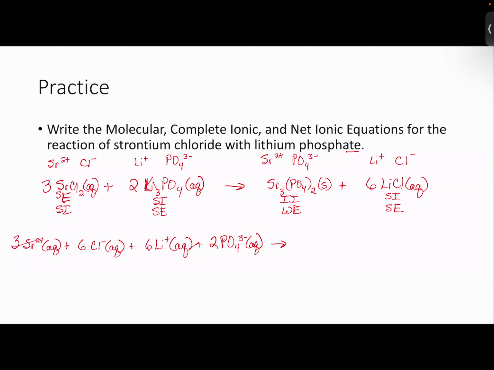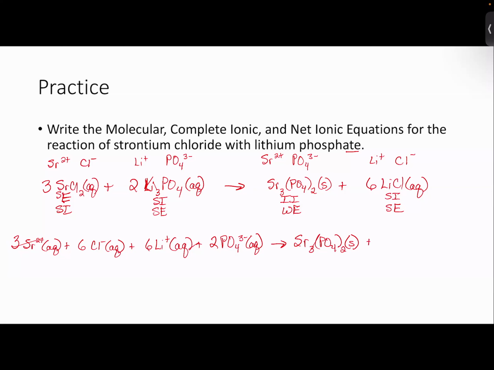That's going to go to make strontium phosphate, which I'm bringing down because it's an insoluble ionic compound and a weak electrolyte. The main piece is the fact that it's a weak electrolyte. You simply bring down anything that's a weak or non-electrolyte.